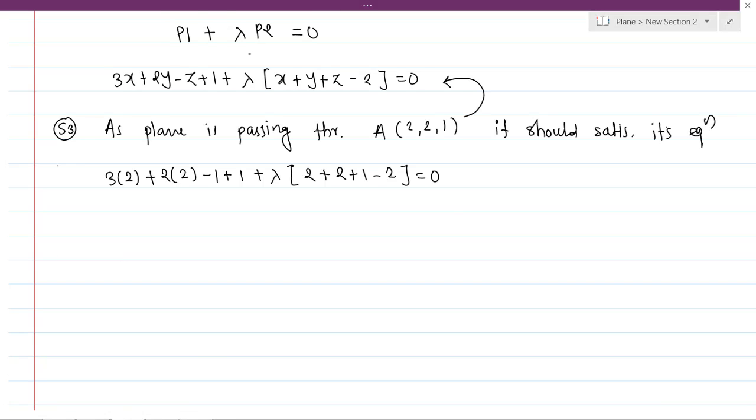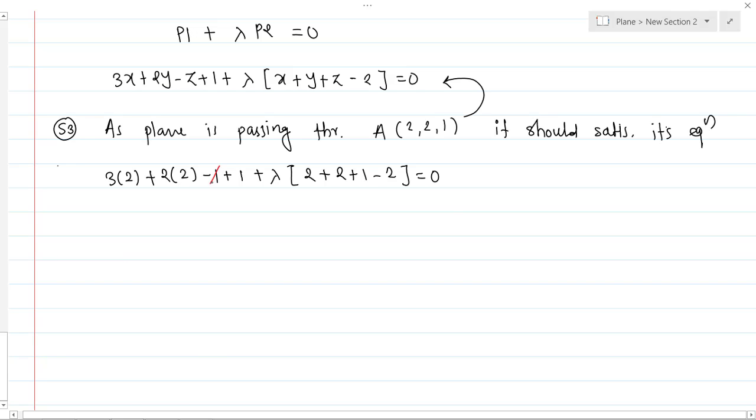So let's see what things we can cancel out. The plus 1 minus 1 cancel, and the plus 2 minus 2 cancel.